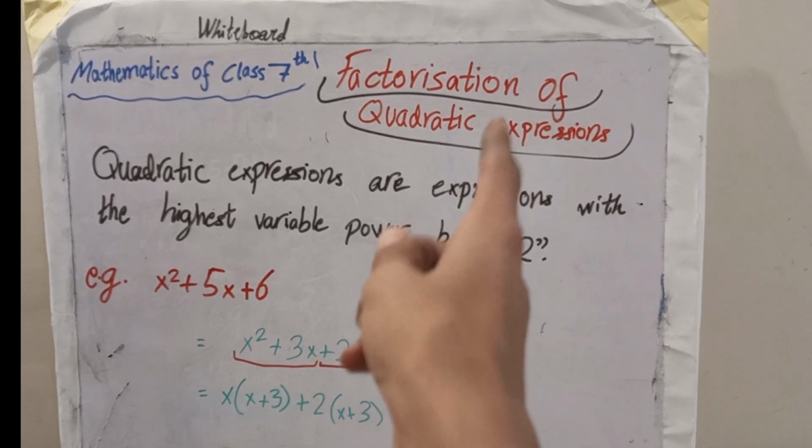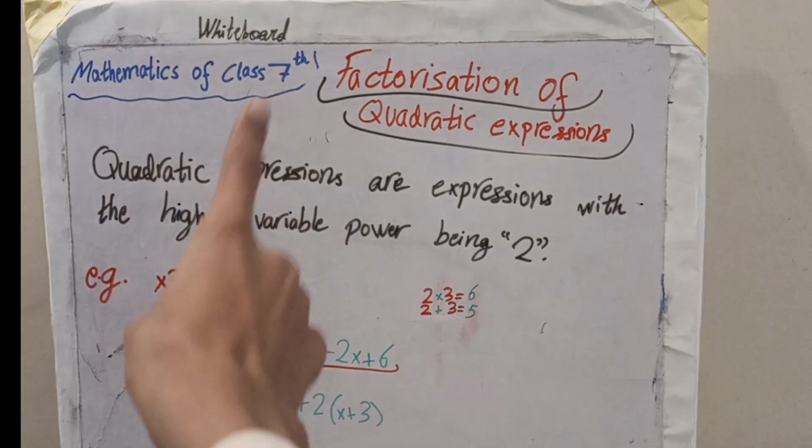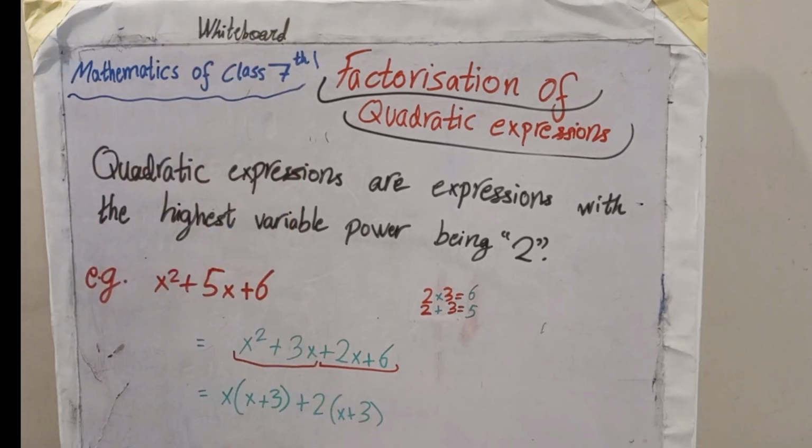So with the factorization of quadratic expressions, you always get 4 terms before the step of making the brackets. So this is a pretty simple question. So the step before making the brackets was actually the first step, and there may be more detail to this, but I'm just talking about the mathematics of class 7th. And even in class 7th, I have come across more advanced and difficult questions that I will be doing a separate video on, because this video is already getting long.